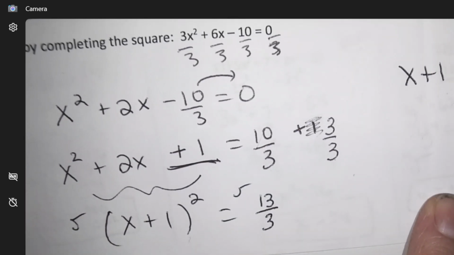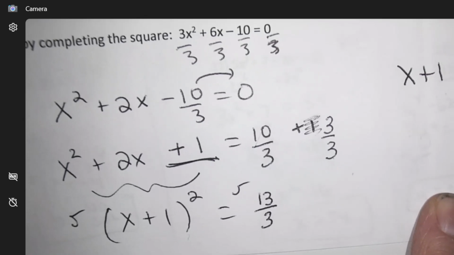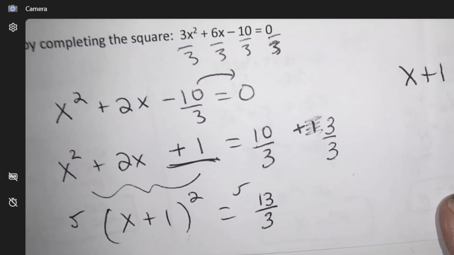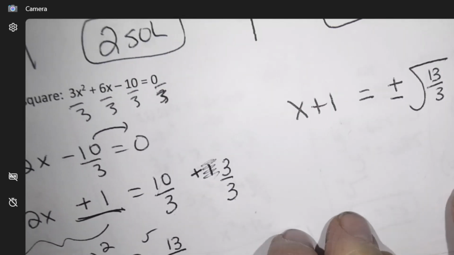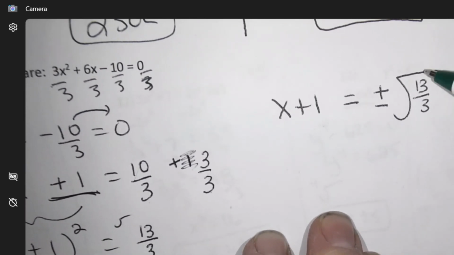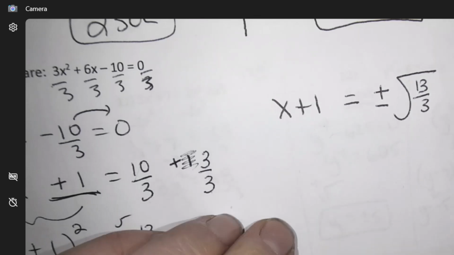What are we not going to forget? Plus minus. And then did you notice how my whole fraction is inside that house? My whole fraction is in there.